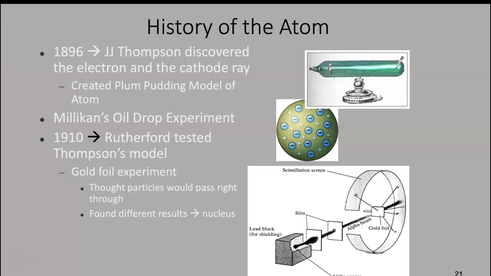Of course, he figured that the electrons were negatively charged, although we know atoms are neutral, so those negative charged electrons must equal something else. And that's when Rutherford came along in the early 1900s, and he was working with J.J. Thomson's idea of the atom.